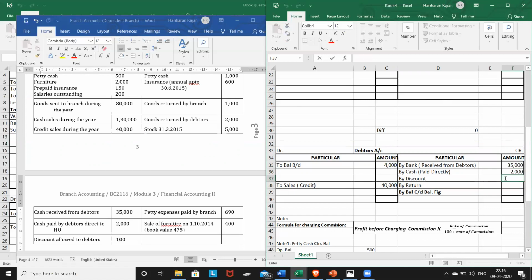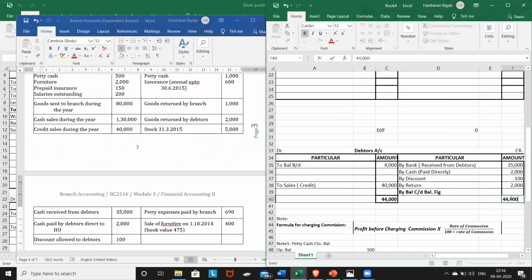Then there's a discount of 100 and the goods returned is 2,000. So the total amount is 44,000 because the highest amount is 44,000 on both sides.